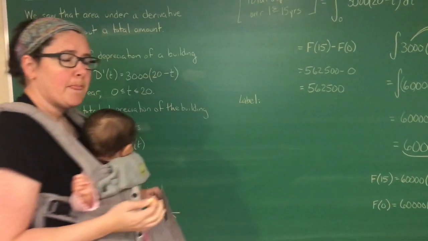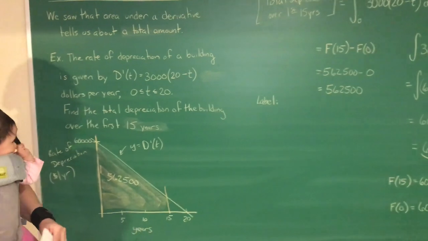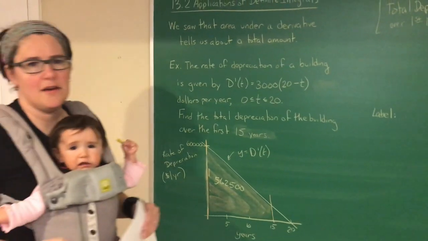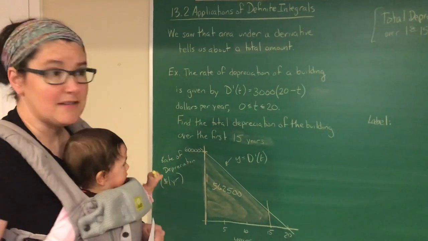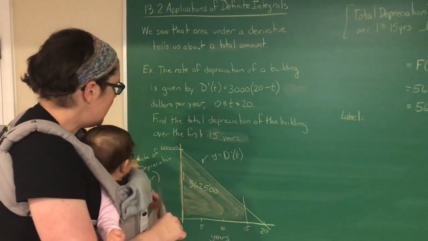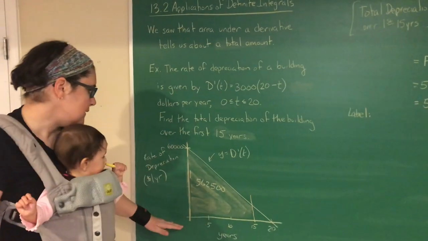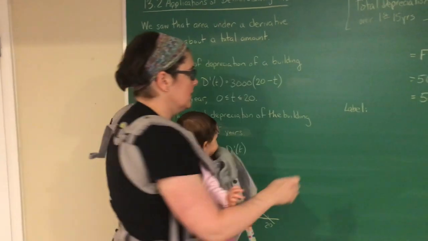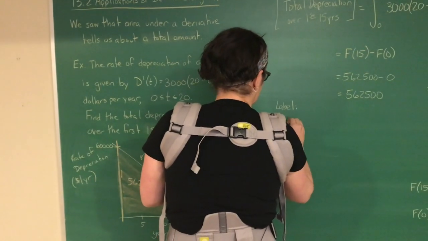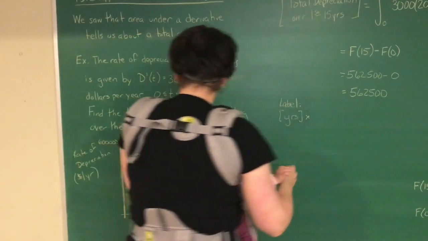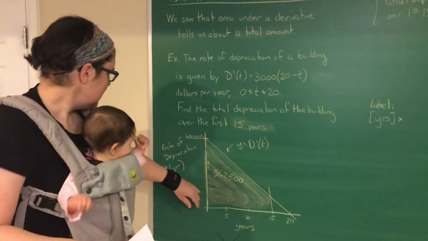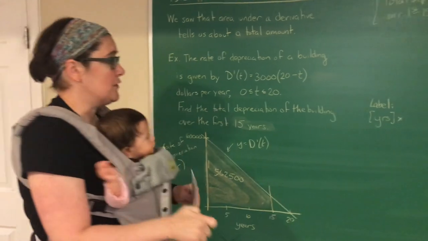Okay, so when I think about the label, well, this number is an area, and typically area, at least area of a rectangle, is base times height. Now, our base is being measured in years, and our height is being measured in dollars per year.